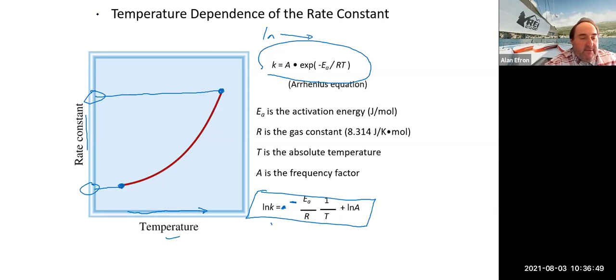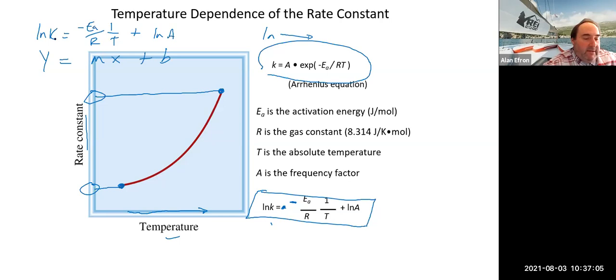Let me rewrite it over here: natural log of k is equal to minus E of A over R, times 1 over T, plus the natural log of A. This is y equals mx plus b.